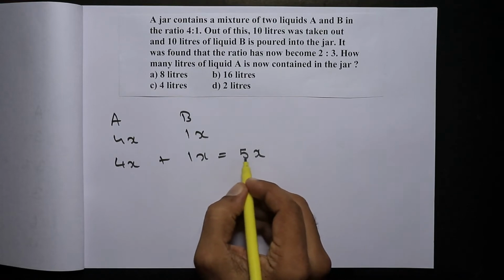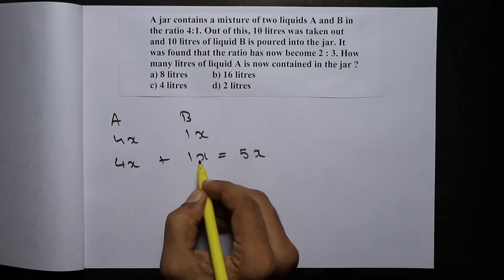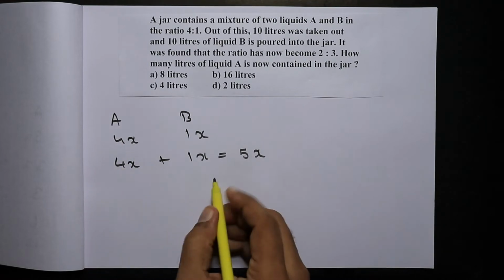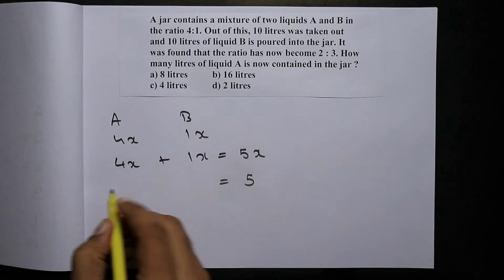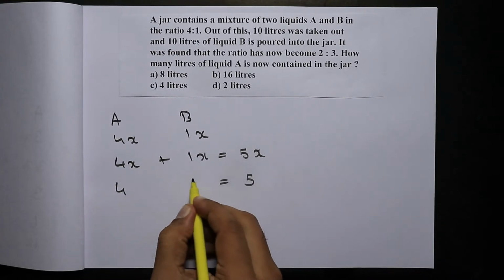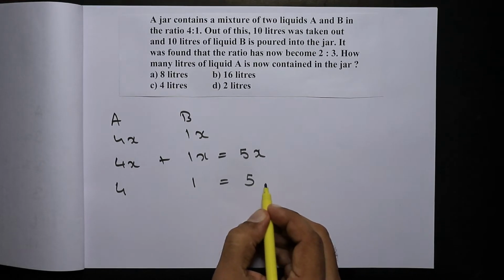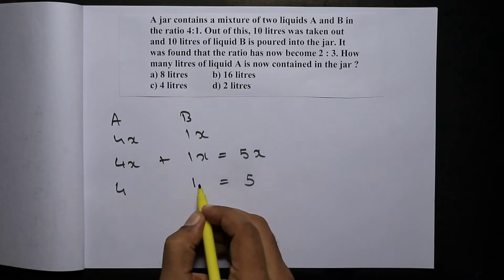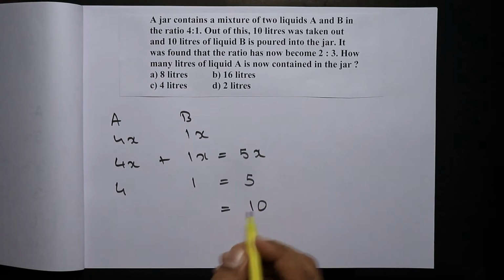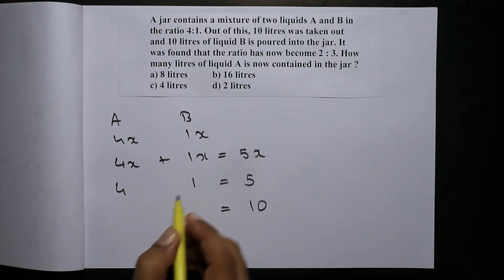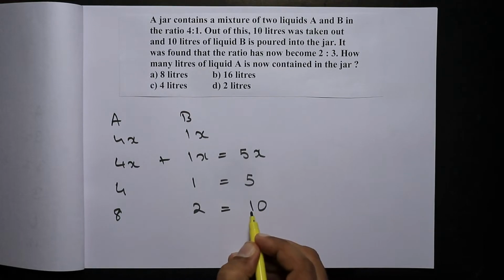So if you take 5x of the mixture, it will contain 4x of A and 1x of B. For example, if you take out exactly 5 liters of the mixture, it will contain 4 liters of A and 1 liter of B. If you take 50 liters of the mixture, it will contain 40 of A and 10 of B. Now if you double it, if you take out 10 liters, this same ratio will be maintained. So that will be 8 and 2. So 8 plus 2, altogether 10 liters are taken out.